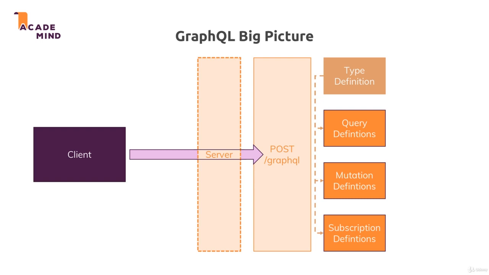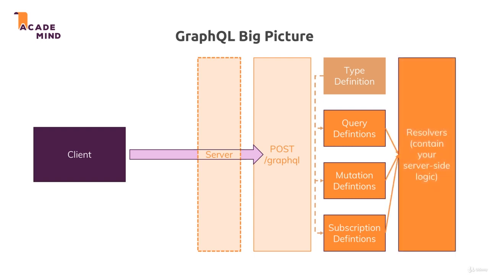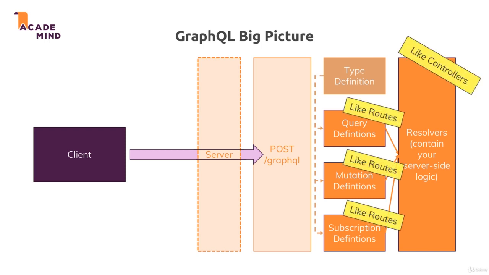And these endpoints you define here, so these queries and mutations and subscriptions you define, these are connected to so-called resolvers, which are functions that contain your server-side logic. And if you compare that to a REST API, the definitions would be your routes and the resolvers would be your controllers. And that is how you can look at GraphQL, and this is how we will implement it.